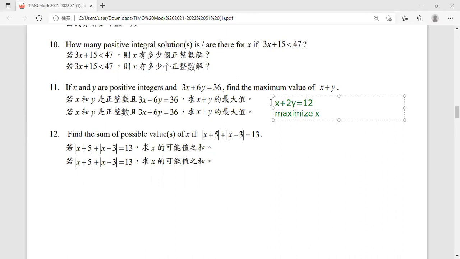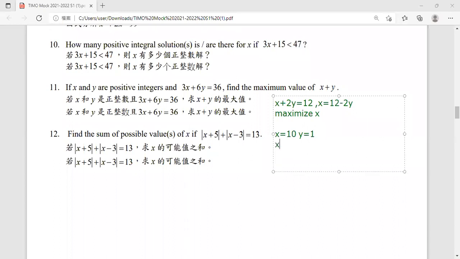Now let's see why. I changed this to x equals 12 minus 2y. If x is 10, then y is 1.